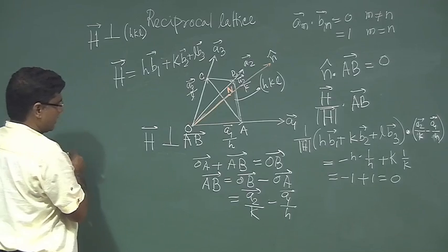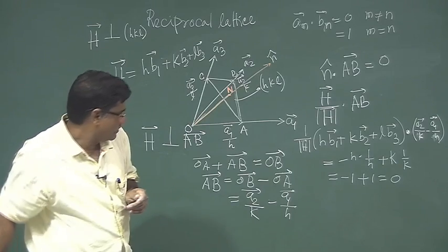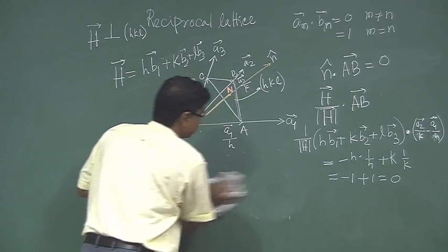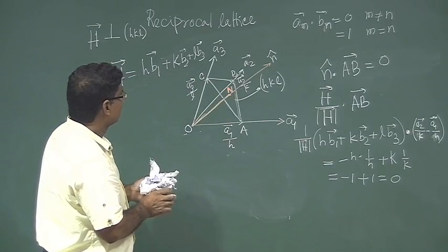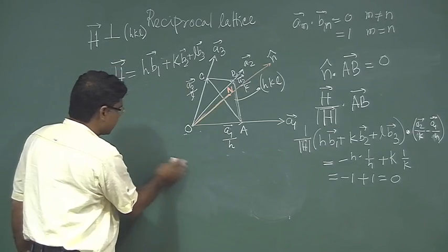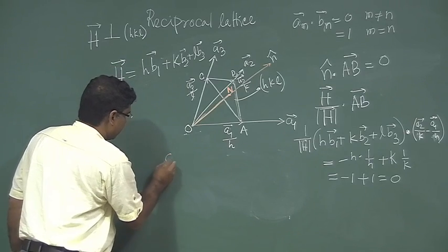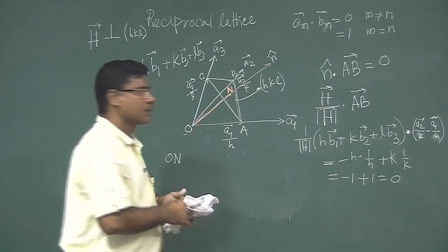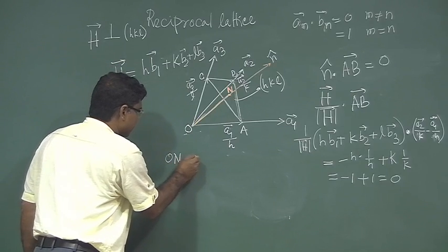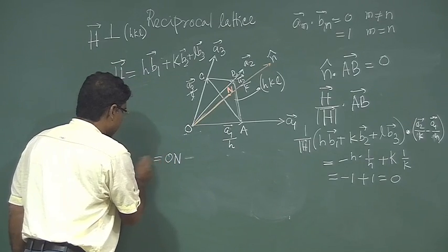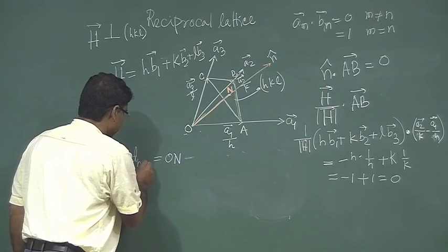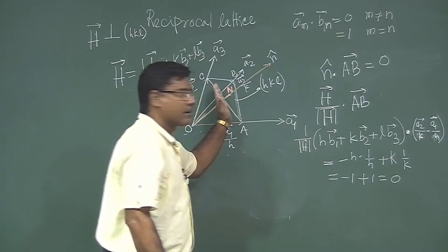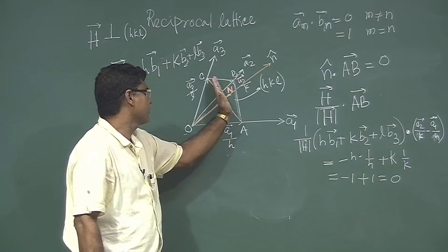So what I want is the value of ON, and this is known to me to be dHKL, as I mentioned in the earlier class.